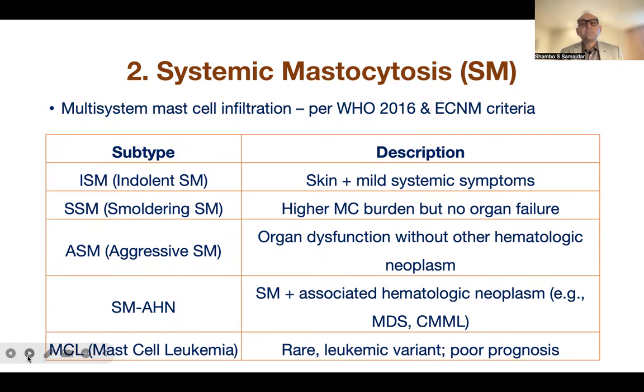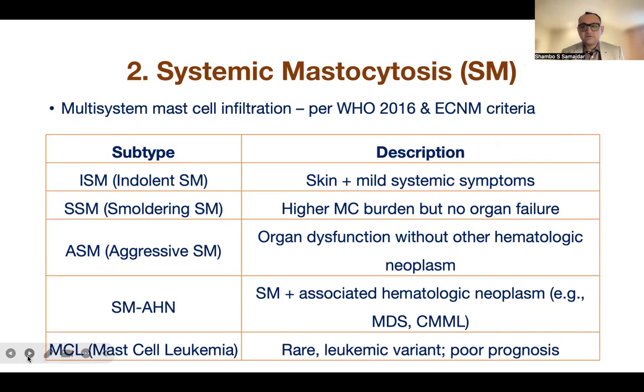When we talk about systemic mastocytosis, multi-system mast cell infiltration, there could be different subtypes. We will talk about these criteria later, but just to understand, when there is involvement of the skin and mild systemic symptoms, that is indolent systemic mastocytosis. Where the mast cell burden is very high but no organ failure, that is smoldering systemic mastocytosis.